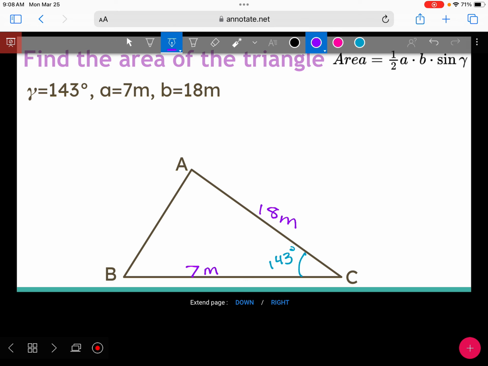So what we're going to do is use this new area formula we have. We don't have to draw a triangle for it, we can just use the formula, but I feel like it helps us see what's going on here.